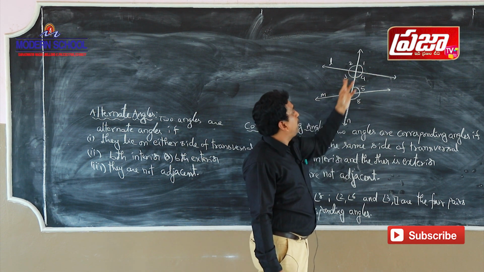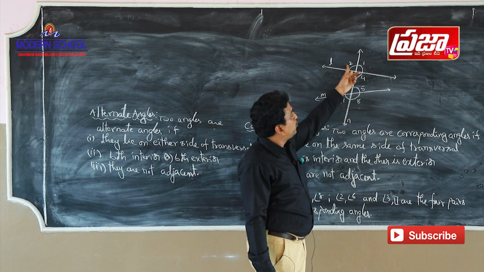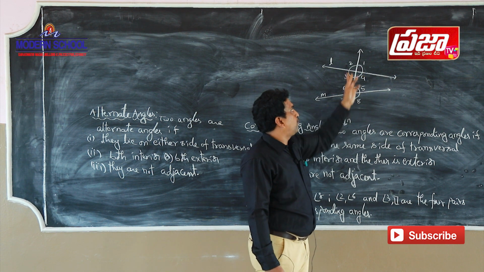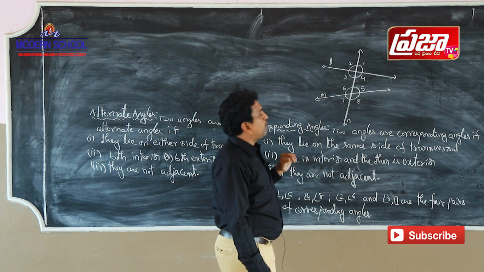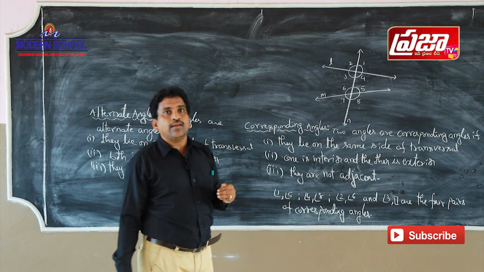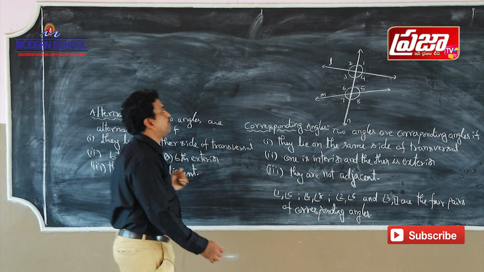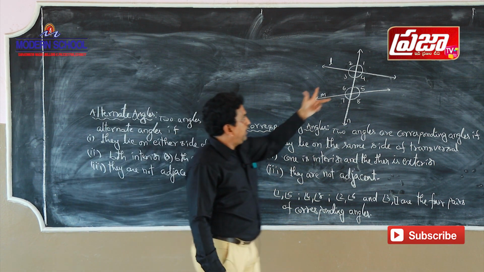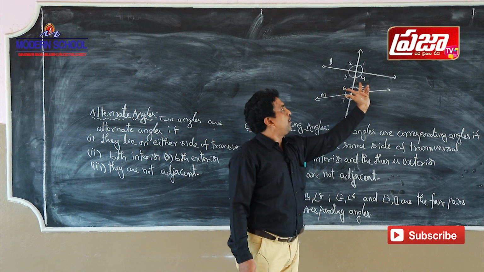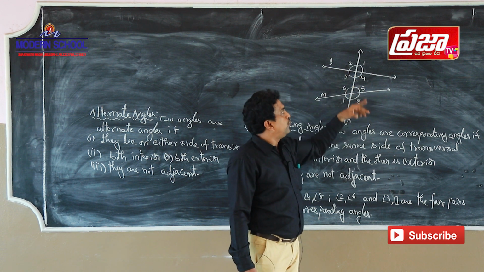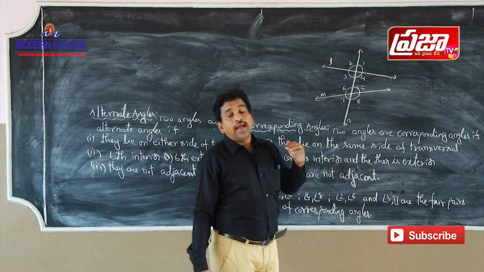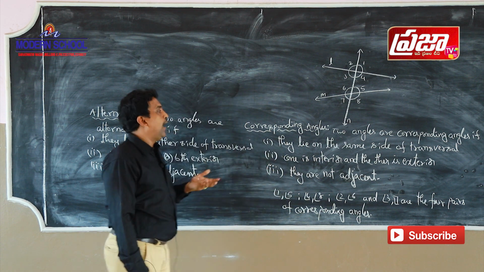Similarly, angle 1 and angle 7, angle 2 and angle 8, these two pairs of angles are called exterior alternate angles, since these are exterior angles.